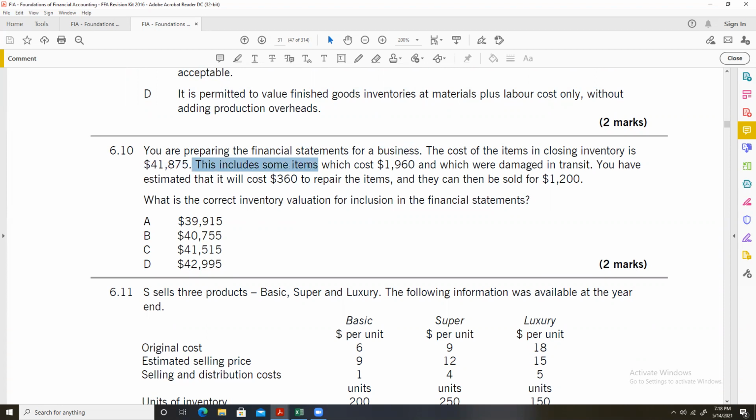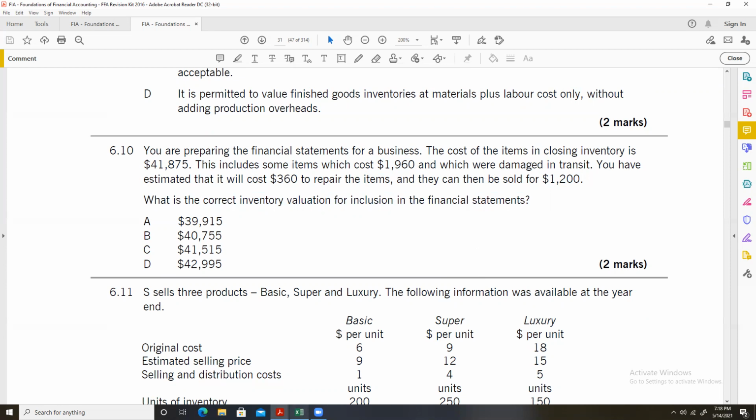This includes some items which cost $1,960 and which were damaged in transit. You have estimated that it will cost $360 to repair the items, and they can be sold for $1,200. Now, what is the correct inventory valuation for inclusion in the financial statements?